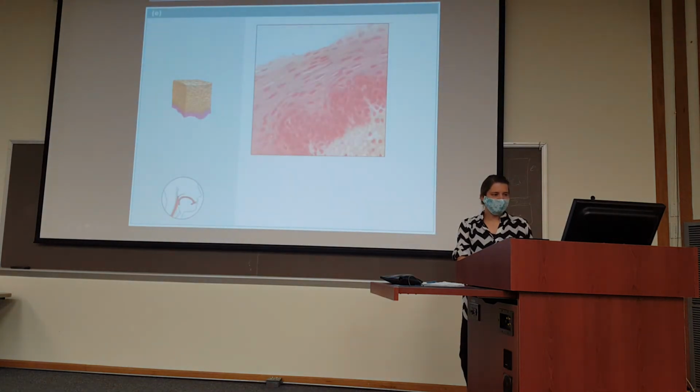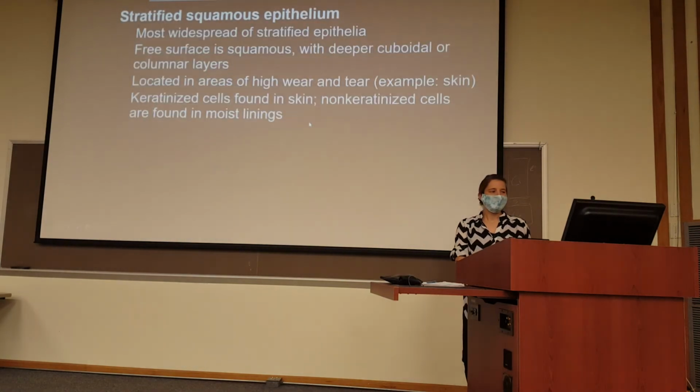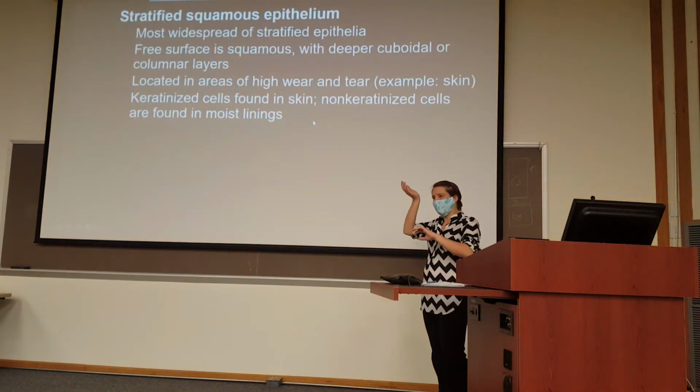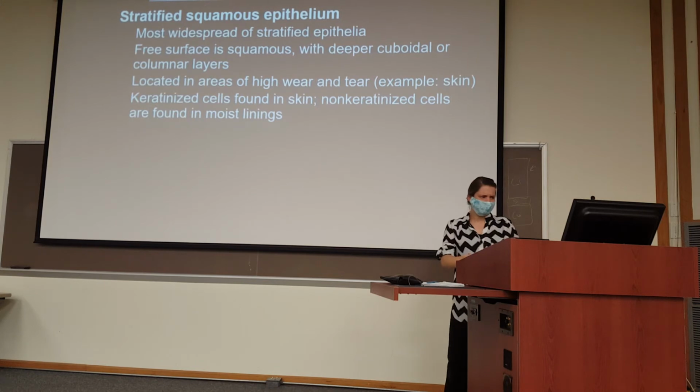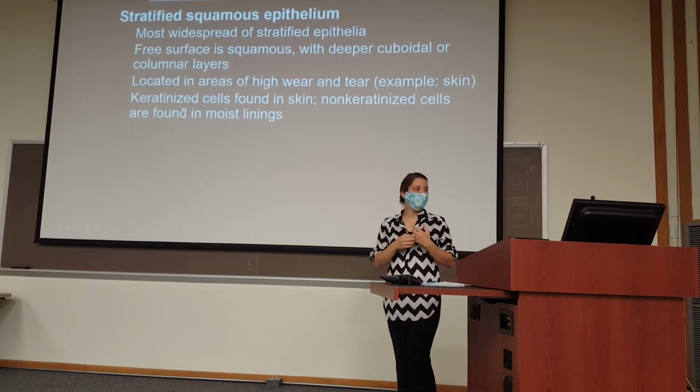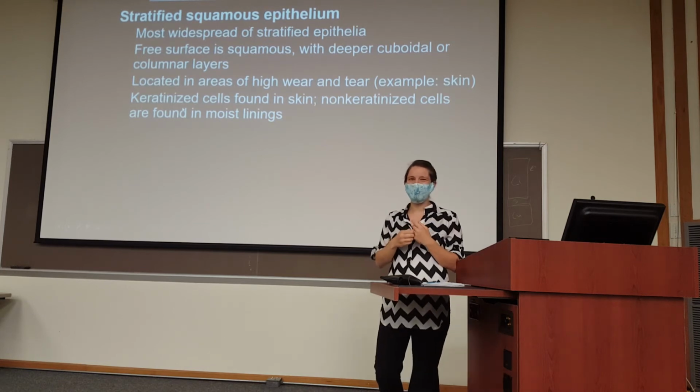These deeper layers typically are going to be columnar or cuboidal. They're going to have a lot more going on. But as they move higher up, they get flattened out. You'll see it all over the place. So on the skin, you're going to have keratinized cells that got keratin.